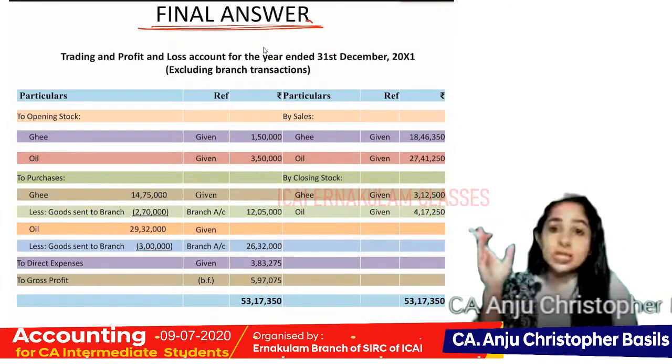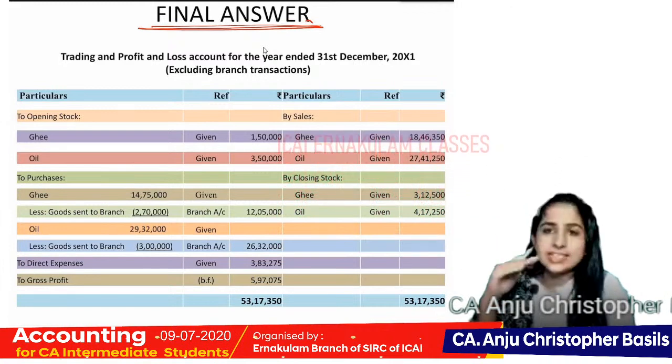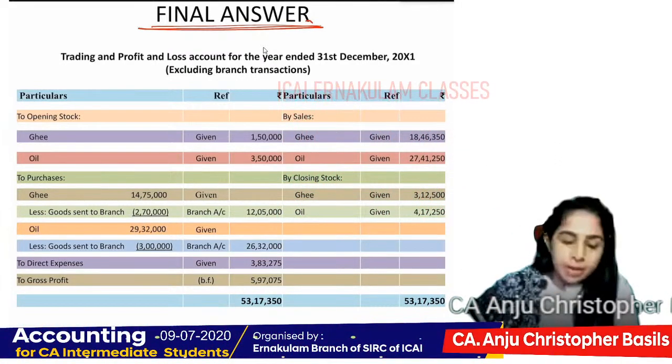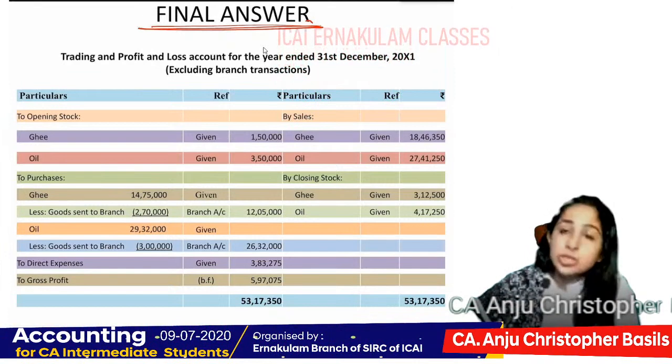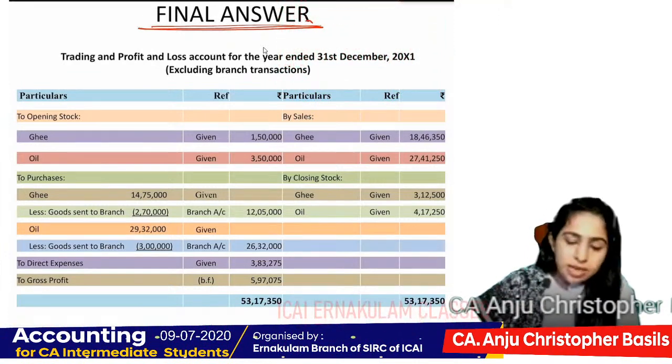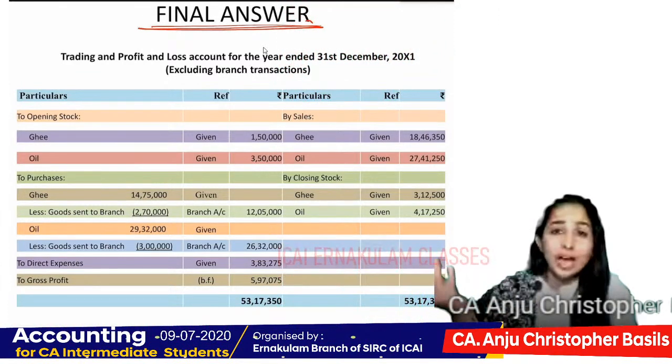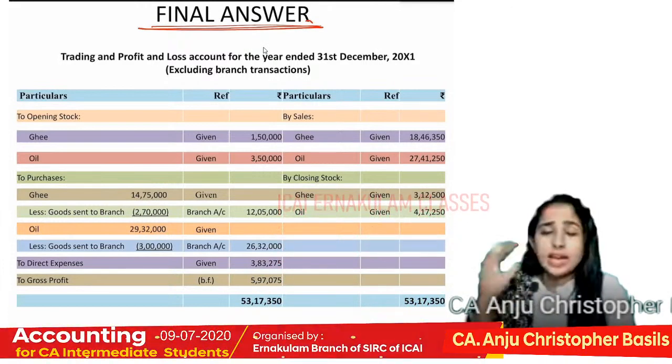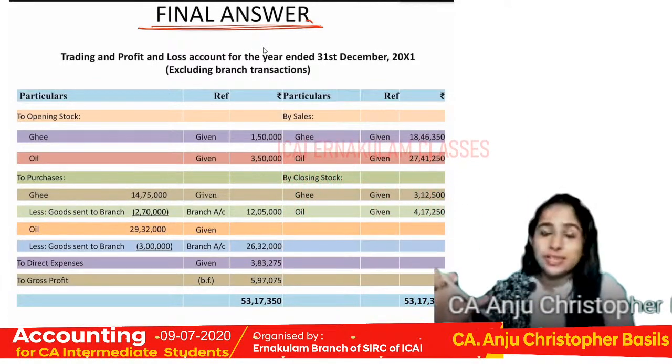It is also said to exclude branch transactions, meaning from head office to branch you will have transfers. Similarly, from branch to HO you will have the returns and things of that kind. Such transactions you don't have to consider.